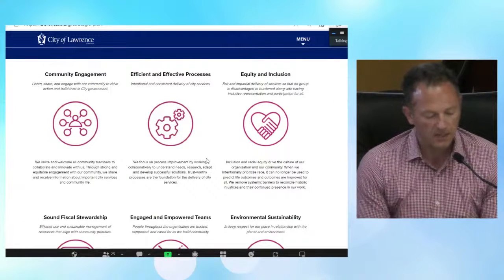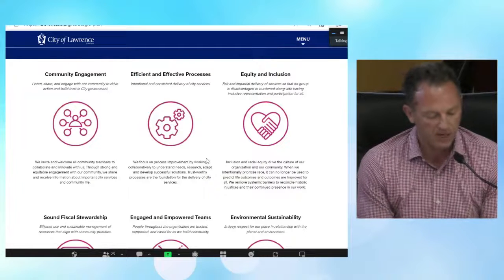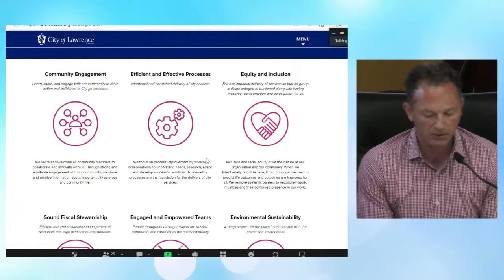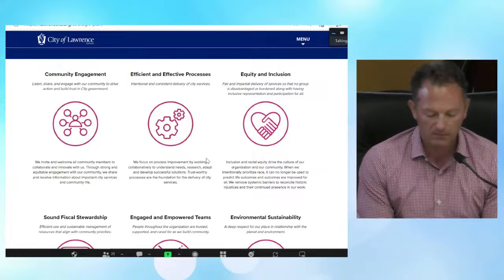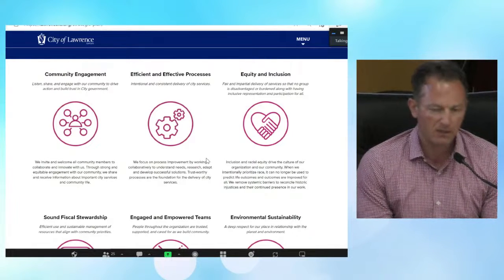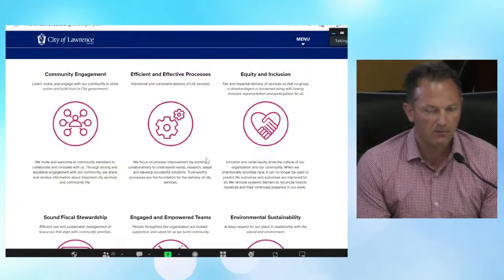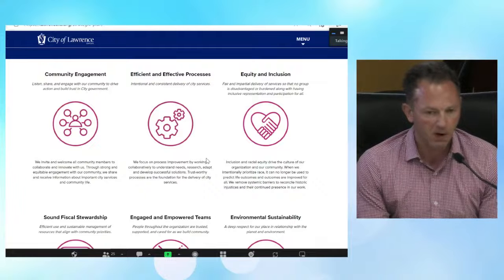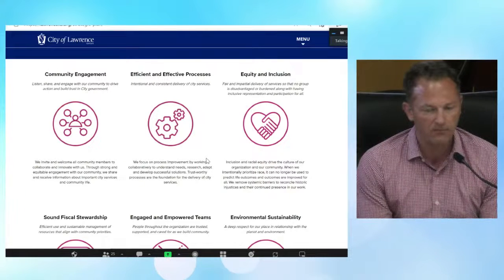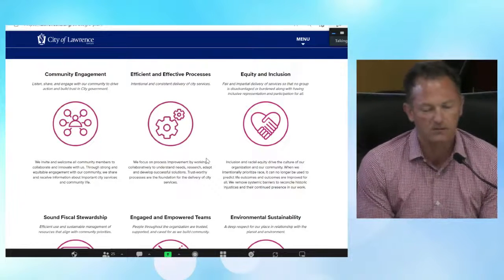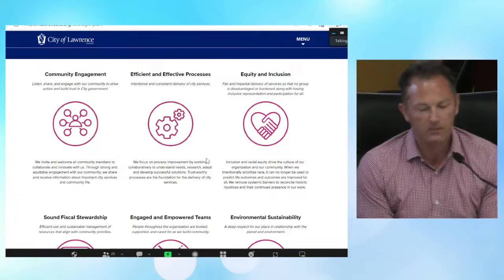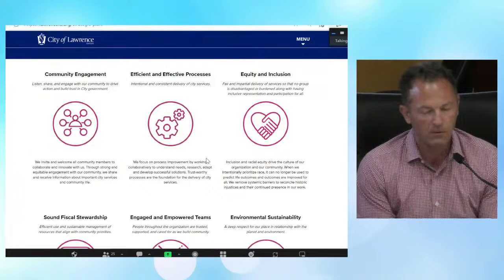And those are community engagement, efficient and effective processes, equity and inclusion, sound fiscal stewardship, engaged and empowered teams, and environmental sustainability. So we consider these to be the lenses that we look at the work that we do and see progress. So we need to account for all 6 of these perspectives, and many have referred to these as a reflection of the values that we have.